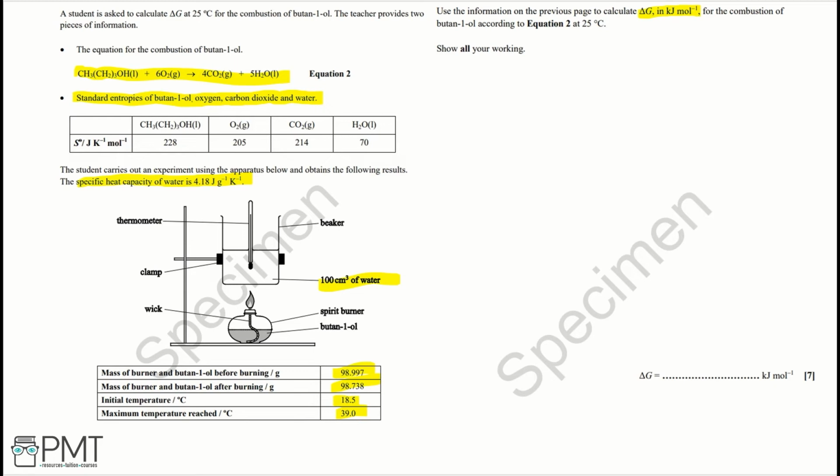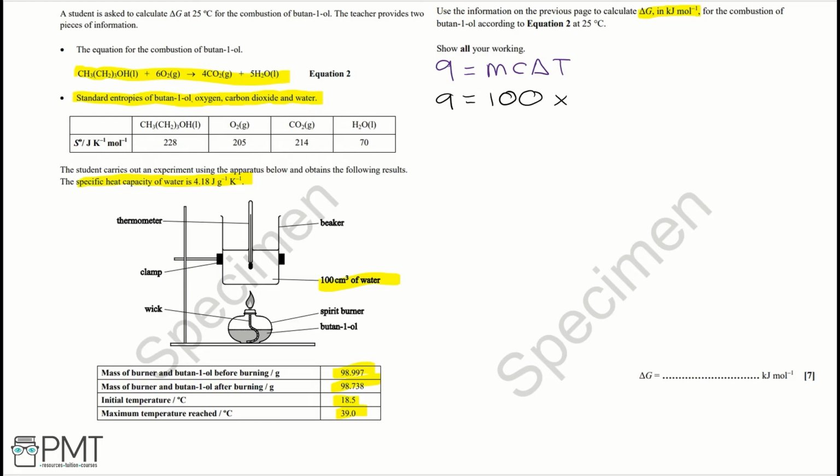Firstly, let's work out the energy, or Q, in joules and then convert to kilojoules per mole. Q equals mc delta T. So we can work out Q because we've got the mass of water is 100 centimetres cubed or 100 grams.